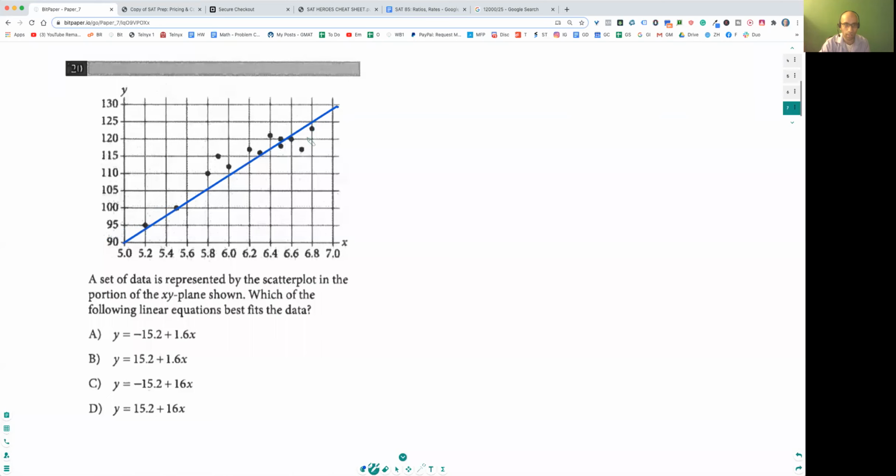Just pick a few points here and start getting it. Remember, it's crossing over here, so be careful. This is not the origin.